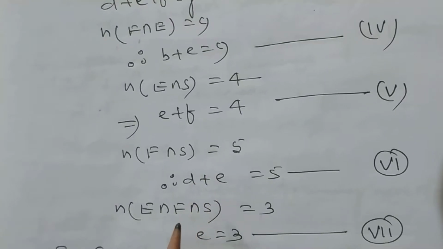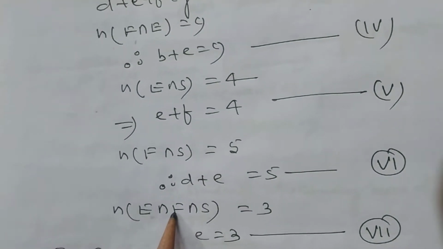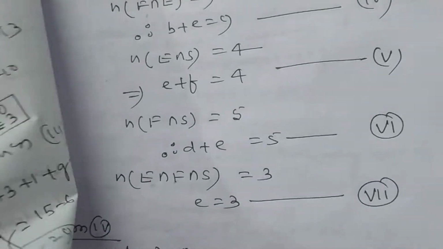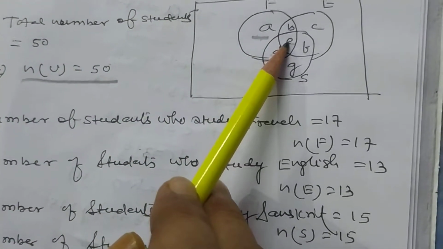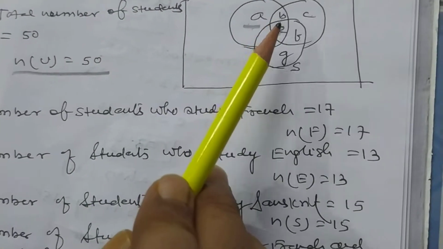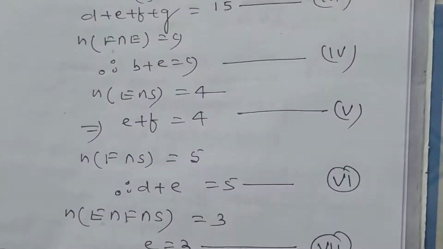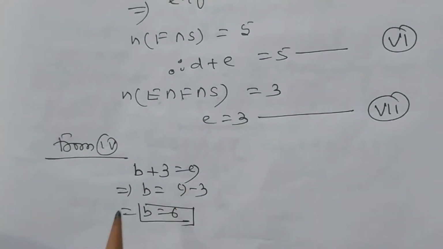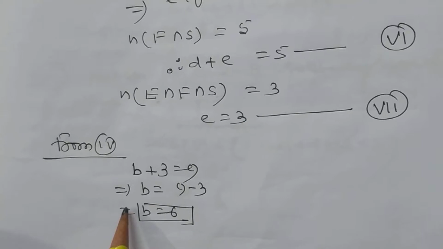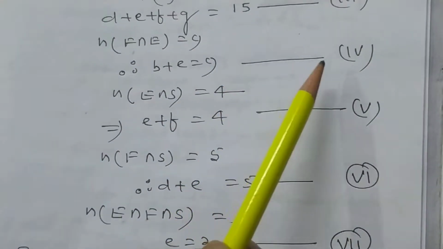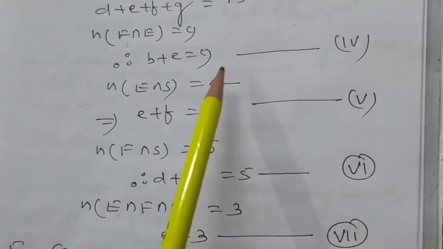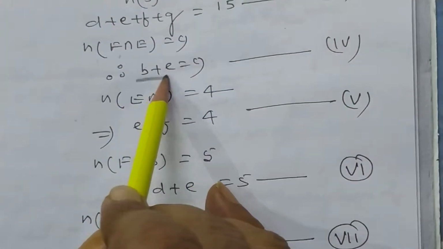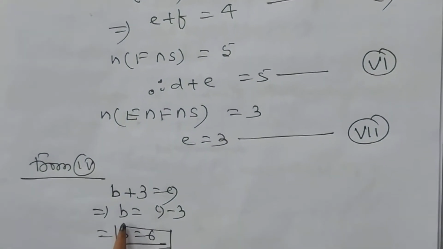Now we observe that E intersection F intersection S is equal to 3. This part, E intersection F intersection S, is equal to E. So my dear student, from 4, B plus E is equal to 9.